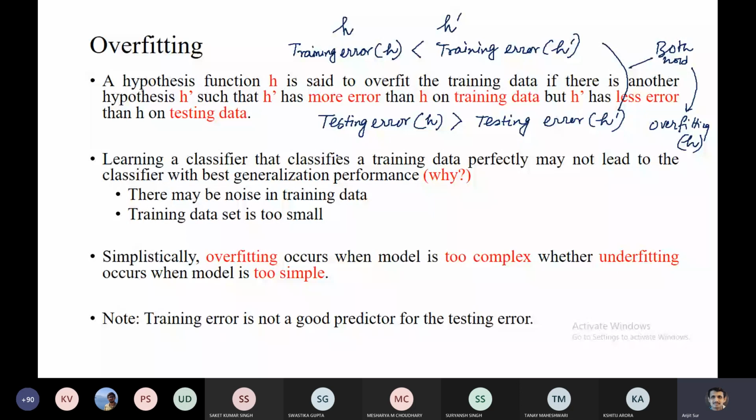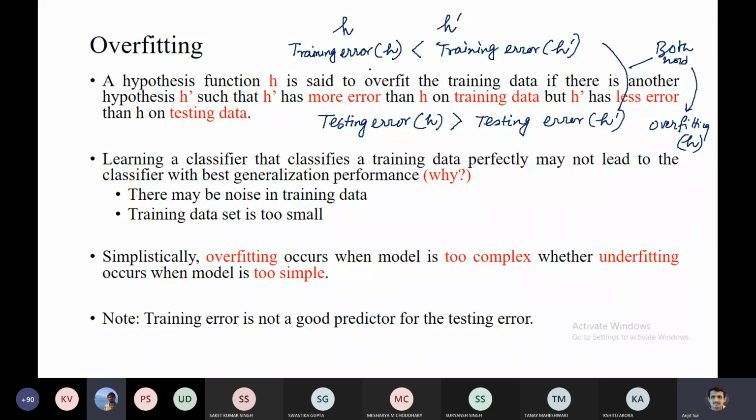That means the training error is very low and represents the training sample perfectly, but the testing error is higher than that of the other hypothesis function. So it did not generalize well; some other hypothesis function generalizes better.